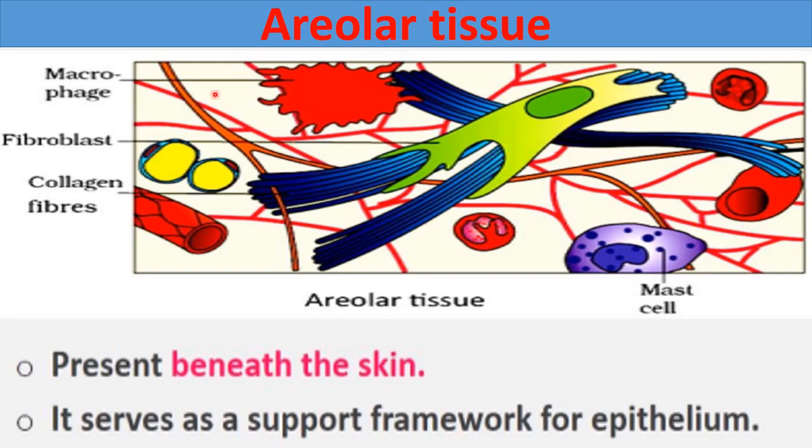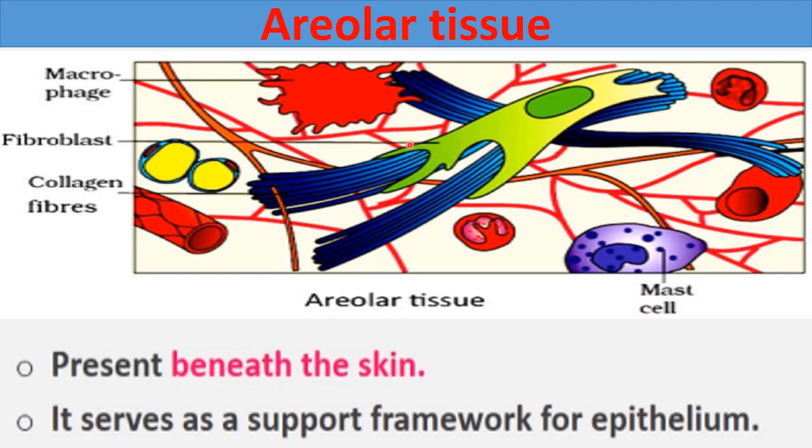So macrophages are present here. You need to make this diagram, and you need to draw all these different types of cells which are present in areolar tissue. So first see here, this is a macrophage, this is a fibroblast cell. Fibroblast cells secrete elastin and collagen, and fibers are also secreted by these fibroblast cells.